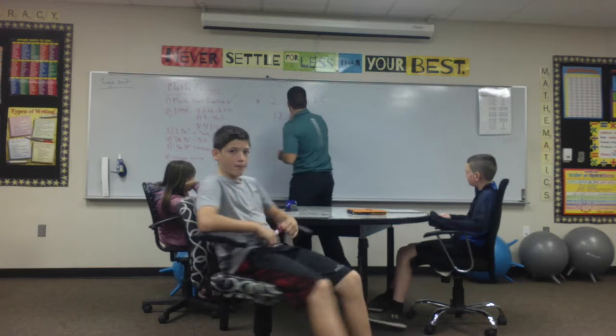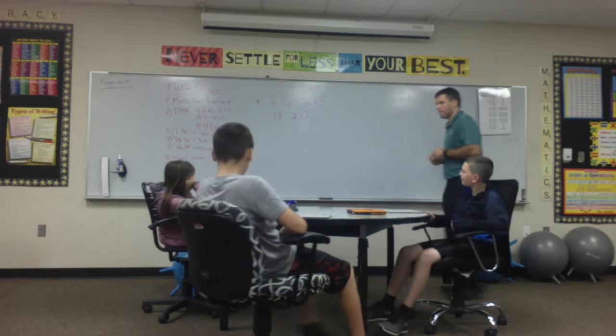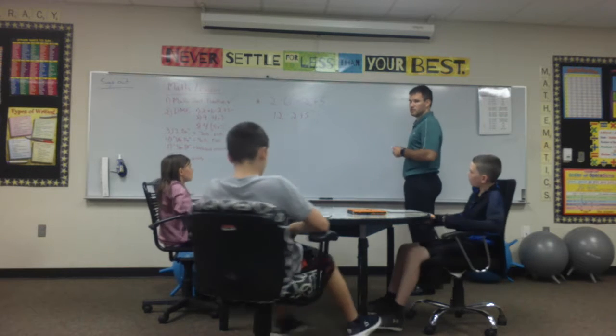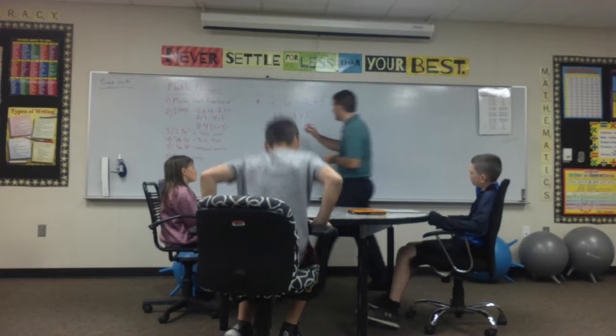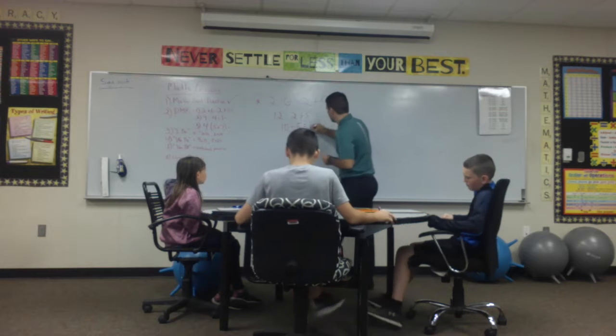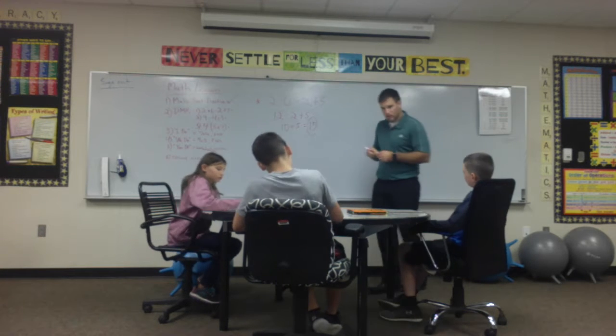Okay, and then I'm just going to write down the rest of the problem. Now what? Abby, you want to help us out? Jonathan, up here, please. 12 minus 2. Okay, which would be? 10. And then drop down our plus 5, and that equals 15. Okay, I think we got 15.